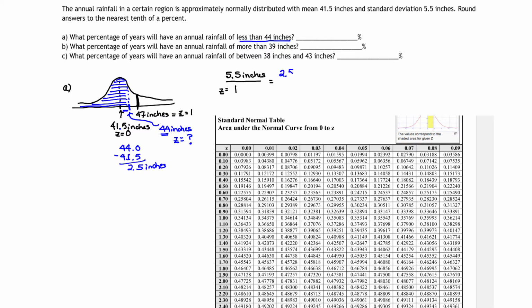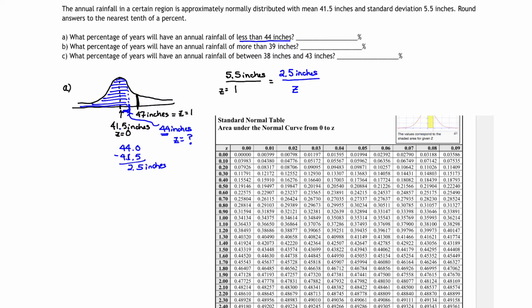I want 2.5 inches corresponding to 5.5 inches, in the same way the z value for 2.5 corresponds to the z value of 1. Standard deviation, 5.5 inches, corresponds to a z value of 1. Well, I have 2.5 inches away from z equals 0. That corresponds to what z value?